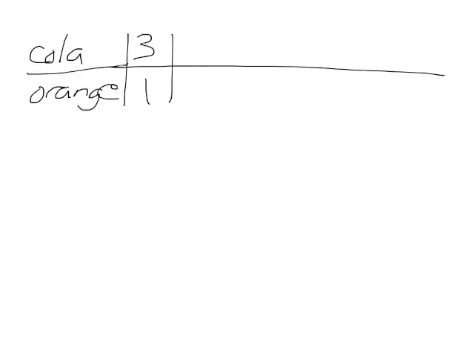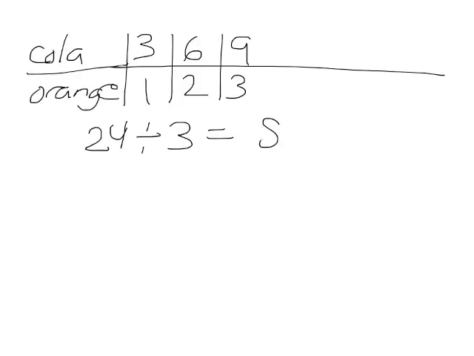And we just kept our pattern going here. So for 6 and 2, and 9 and 3, and we kept going all the way out, and notice the pattern that it looked like that we could take the number of colas and divide it by 3. So if we did that, we figured out that if we have 24 cans of cola divided by 3, we would need 8 cans of orange soda.